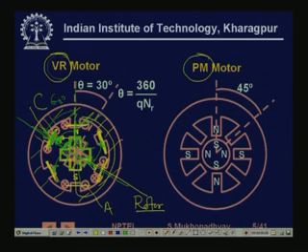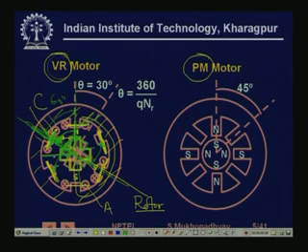So, the angle between this pole and this will be actually 60 degree, while the angle between this axis and this is actually 30 degree, because it is 90 minus 60. So, actually what will happen is that this pole will get pulled in, because it is closer.